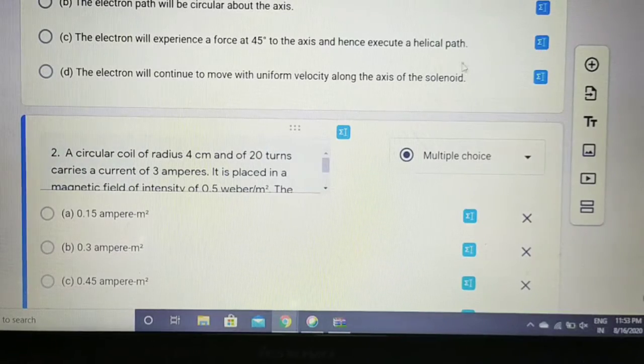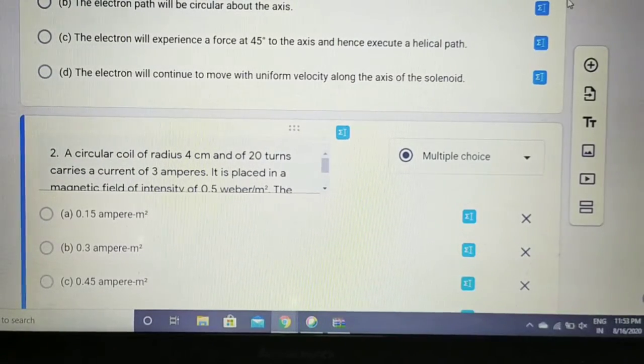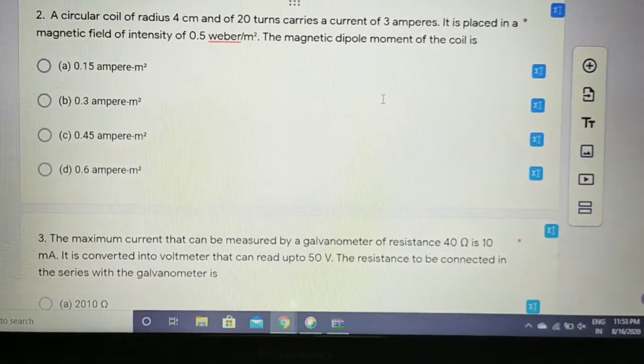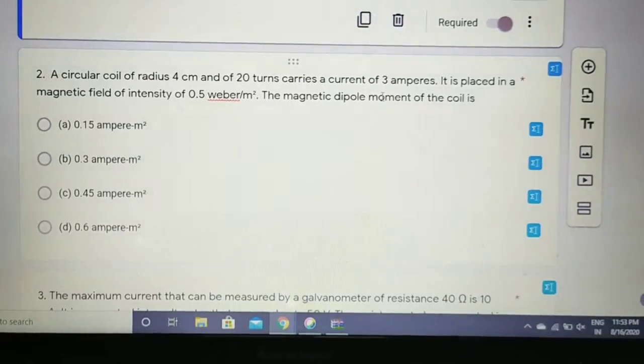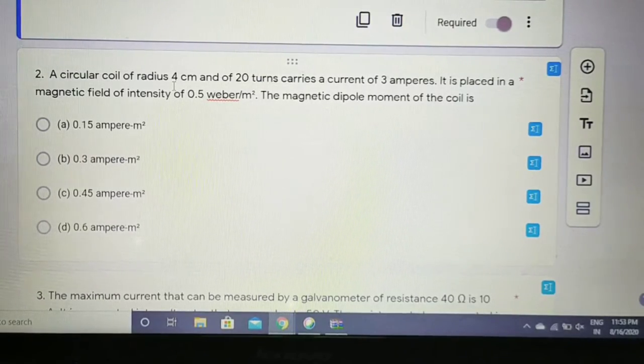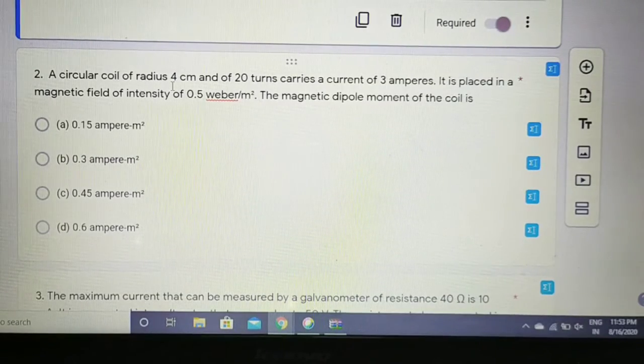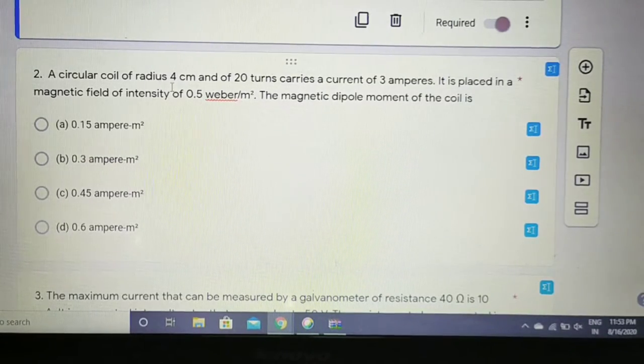Let us read what the next question says. There is a circular coil whose radius is given as 4 centimeter. We are given 20 turns, that is, the number of turns.